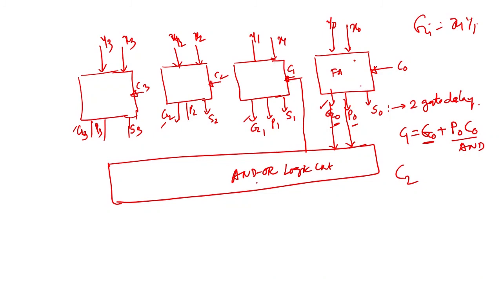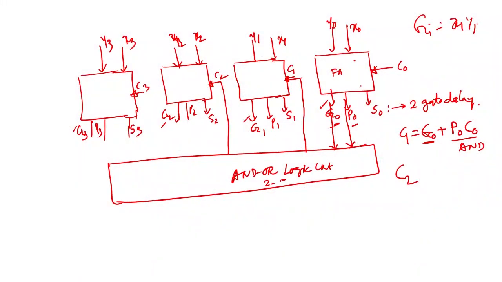Therefore, we can say this also can be generated using AND and OR logic simultaneously, means after giving the input G0, P0, we need an AND gate and then an OR gate, that means here we need 2 gate delay. Similarly, we will get C4.